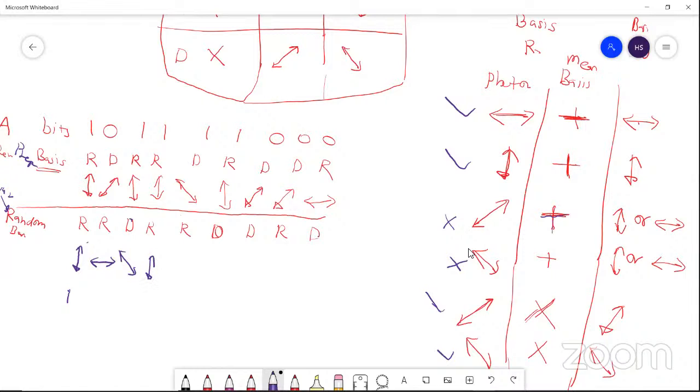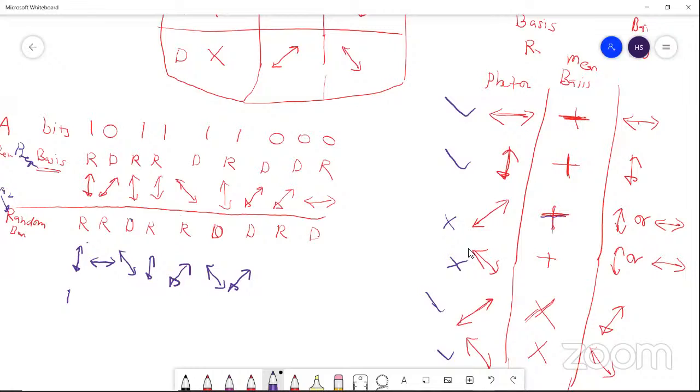So let's first do this. The bases are mismatching, so we can get either thing, randomly. Let's suppose we got this thing. Bases are mismatching, so we can get either one. Bases are matching, so we will get the same thing which was sent.